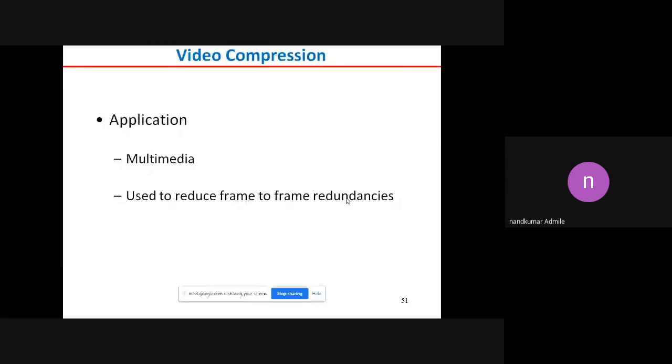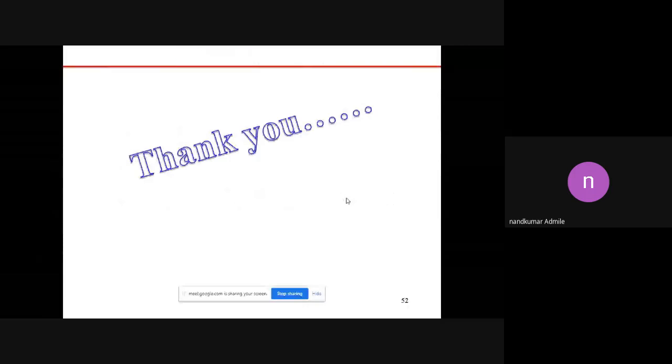The basic need of video compression is that we can reduce the size of a particular video and store it in less memory. So by using various compression techniques, we can compress the video into a smaller size.